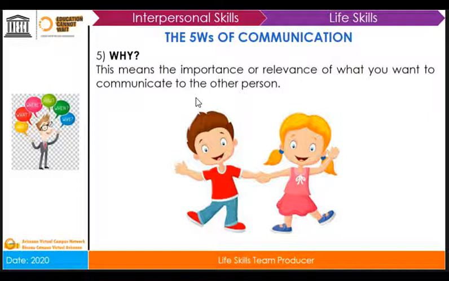Why do you choose Peter over Mary to attend the party? Or better still, why again will mean the reason behind why you are required to communicate, which is to say that the communication you intend to engage in, how relevant is that communication to you, or how relevant is it to the other person.